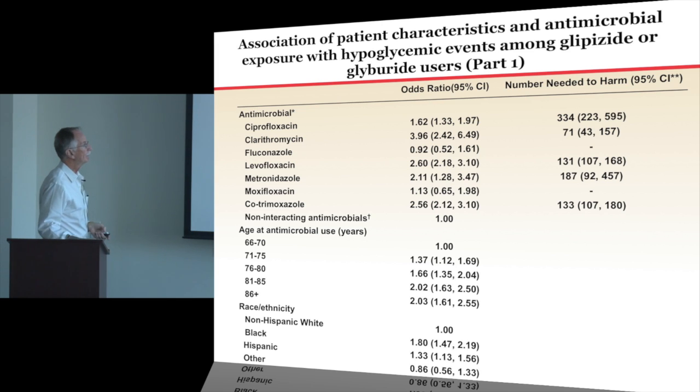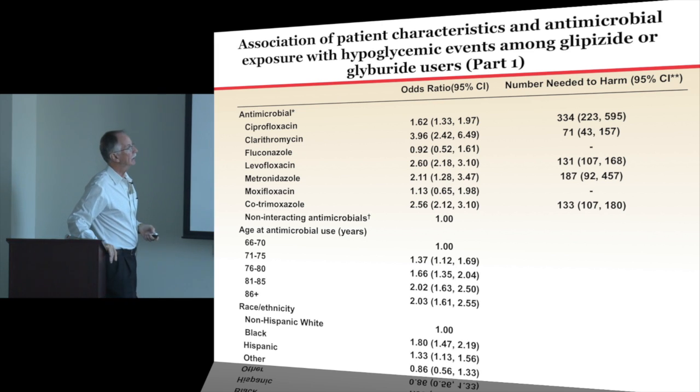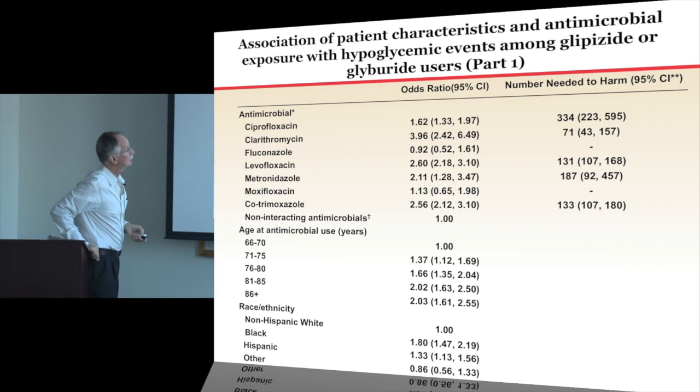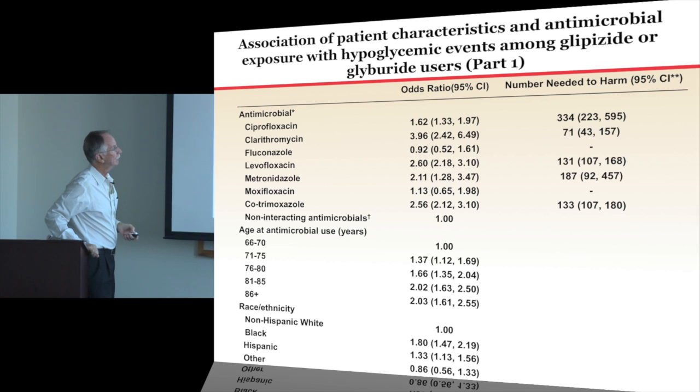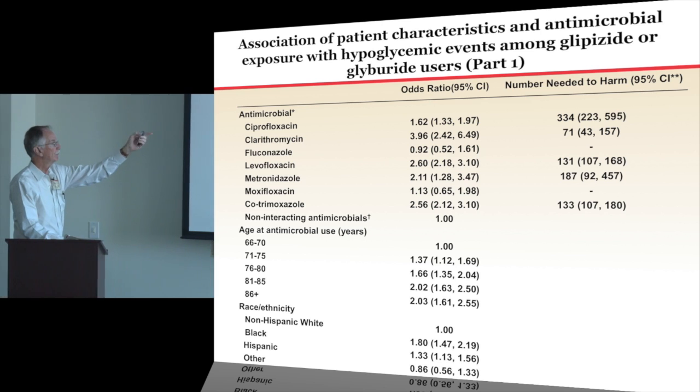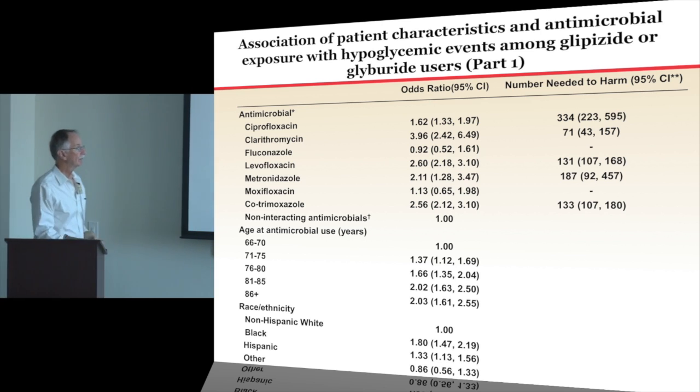And 5 of them had significantly higher hospitalizations or ER visits, going from like 62% higher to 3.96, the highest, with clarithromycin. Bactrim, or trimethoprim sulfamethoxazole, the last one down here, was 2.5-fold.